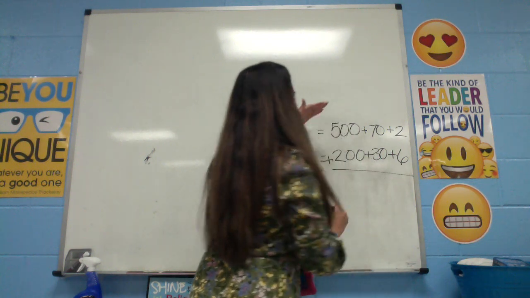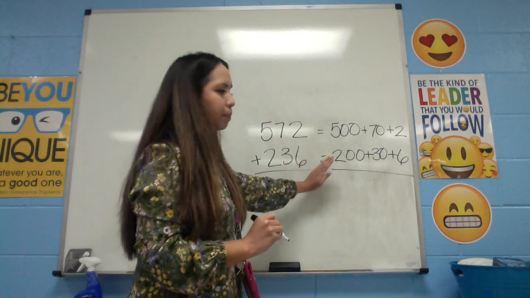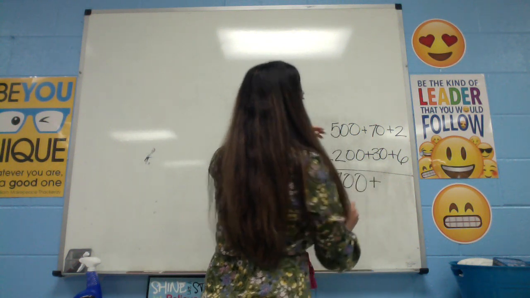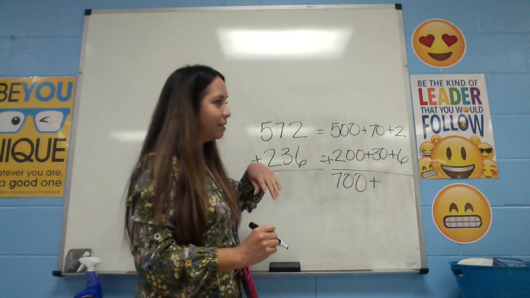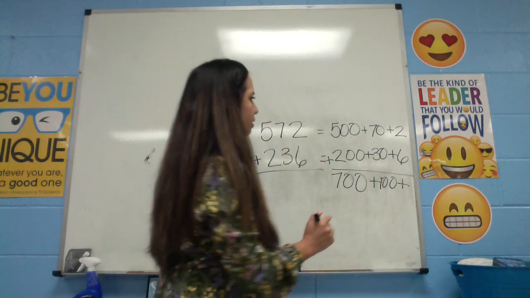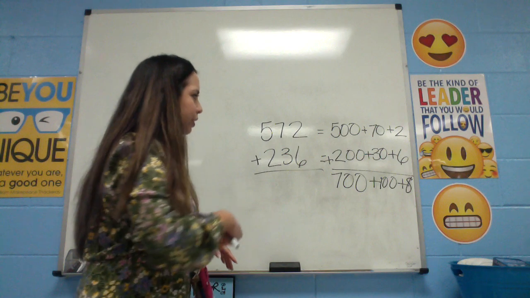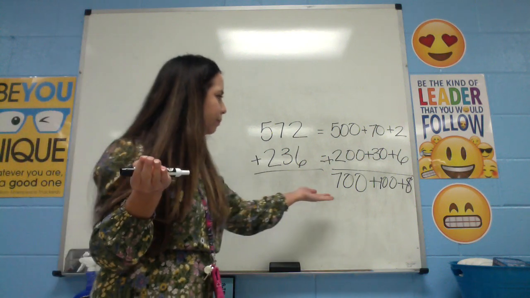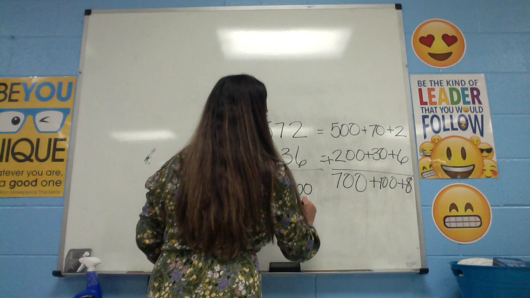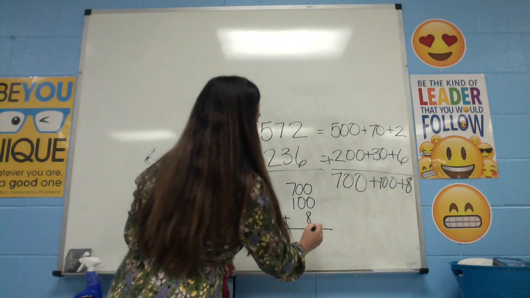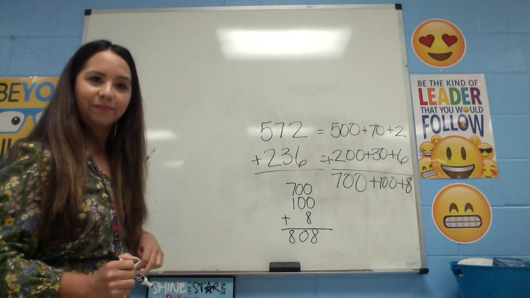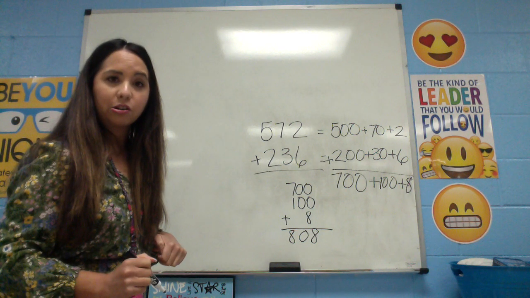Okay, after we do that, we add 500 plus 200 is 700. 70 plus 30 is 100. And 6 plus 2 ones is 8 ones. Excuse me. And then we just go back and add 700 plus 100 plus 8 is 808. And that's how you can use the break-apart strategy to add.